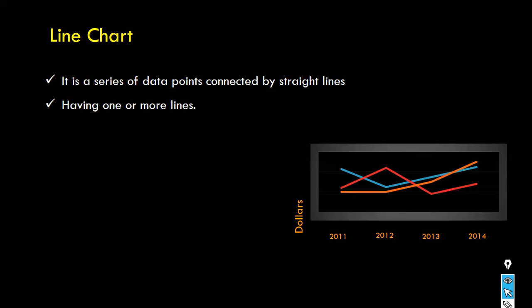In this case, each line corresponds to a category. For example, in the apparel segment, how much sales we made. In the cosmetic segment, how much sales we made. And here, the red one is, let's say, the electronics category, how much sales we made. So three different categories.